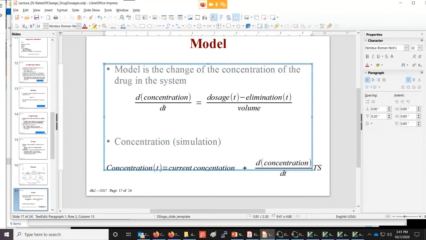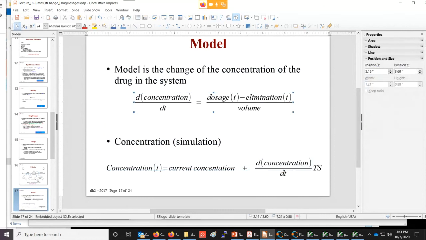Now notice here though, the dosage, right? A lot of times we may be simulating this with a time step of 1 hour, or maybe 1 second, but we're only taking the drug once every 8 hours or once every 24 hours. So the dosage piece you're looking at here is going to be 0 most of the time.